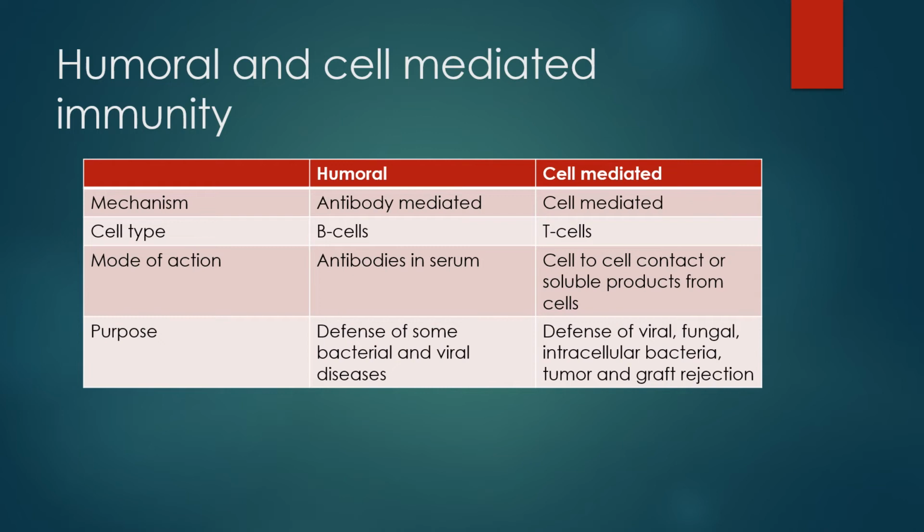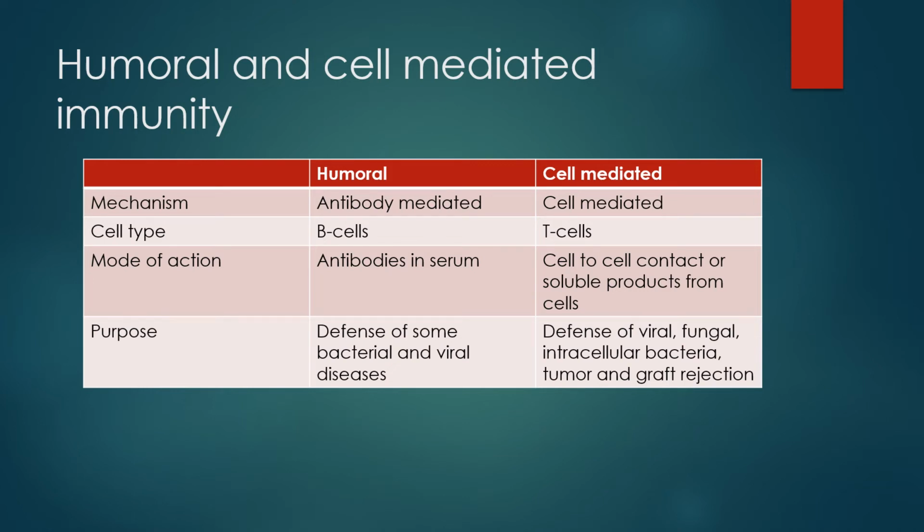And then here I've outlined the differences between humoral and cell-mediated immunity. In humoral immunity, the mechanism is antibody-mediated, while in cell-mediated immunity, the mechanism is cell-mediated. Humoral immunity originates from the bone marrow, and cell-mediated immunity arises from the thymus. The cell type in humoral immunity is B cells, and the cell type in cell-mediated immunity is T cells, the T lymphocytes.